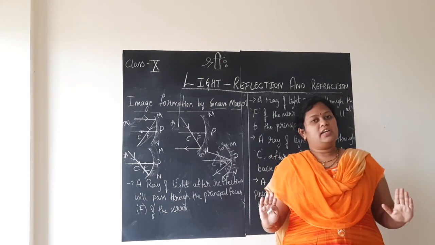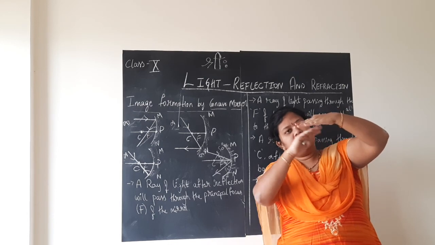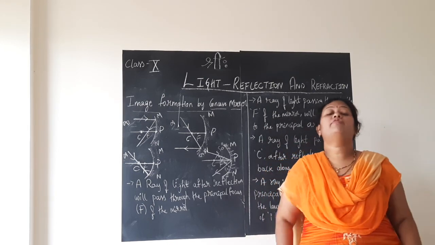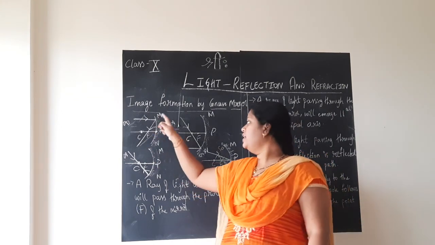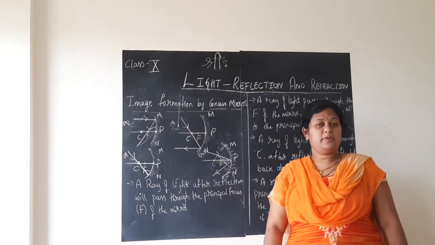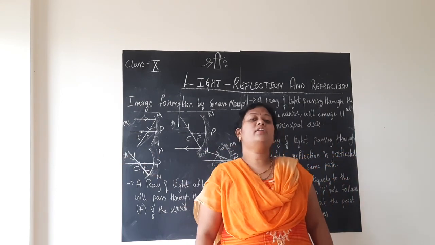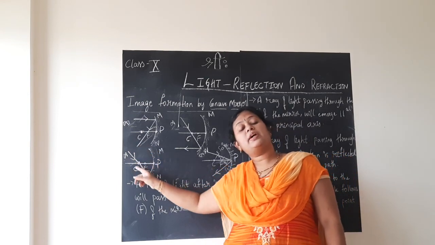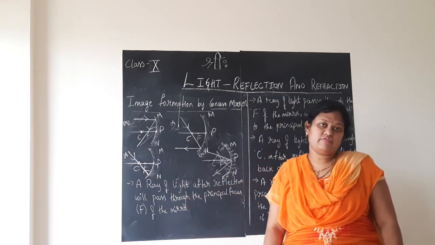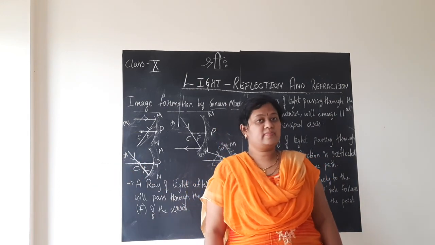So if a ray of light is parallel to the principal axis, it should pass through the principal focus after reflection. If the incident ray is passing through the principal focus, then after reflection it will emerge parallel to the principal axis. If the ray of light is passing through the center of curvature of the mirror, after reflection it traces the same path.